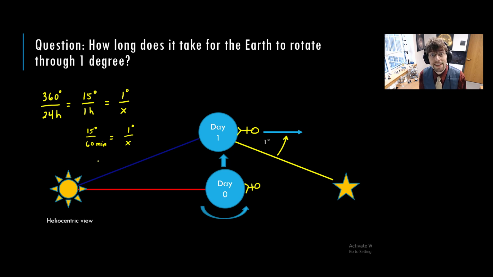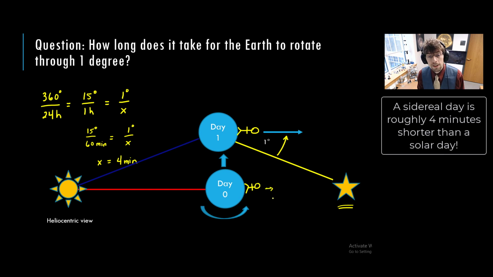That is 4. So we'll get that X is equal to 4 minutes. In other words, this star will be at zenith for the observer on day 1 about 4 minutes earlier than the previous night.